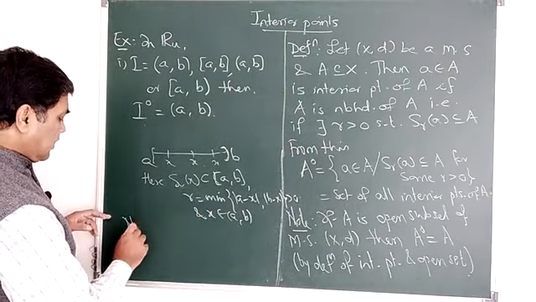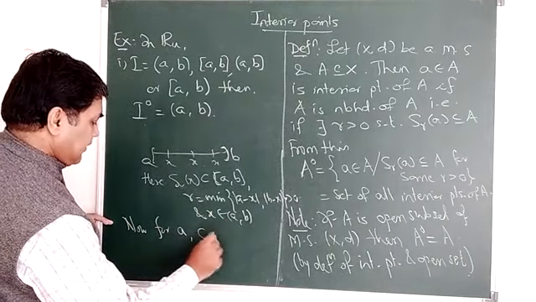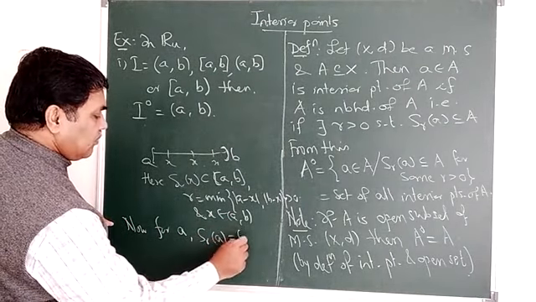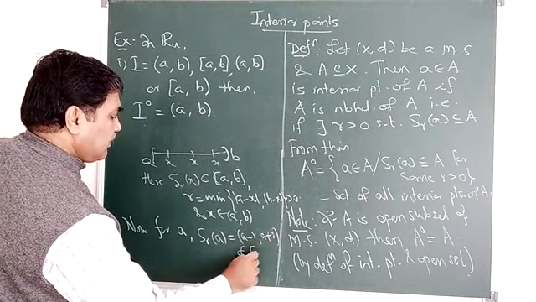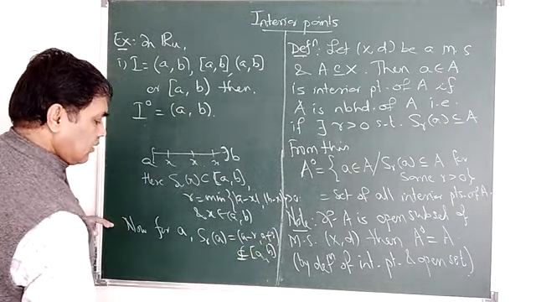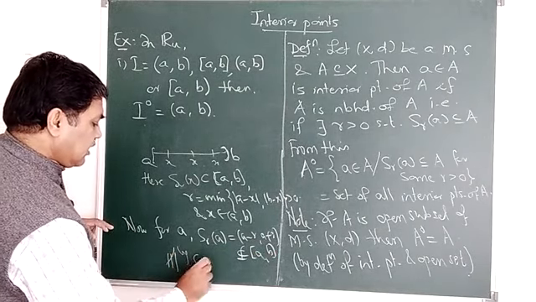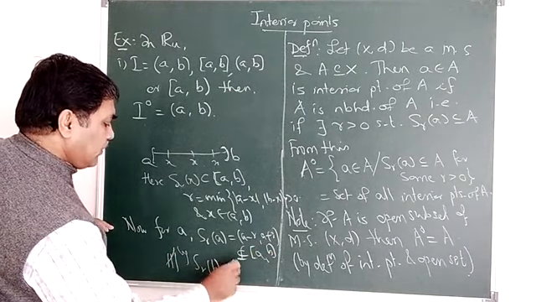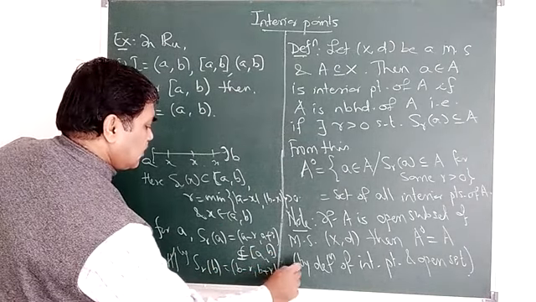Now for a, S_r(a) becomes (a minus r, a plus r). This is not a subset of [a, b]. Similarly, S_r(b) is equal to (b minus r, b plus r). This is not a subset of [a, b].